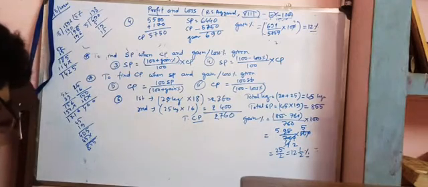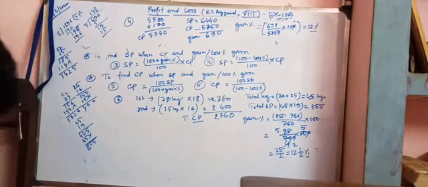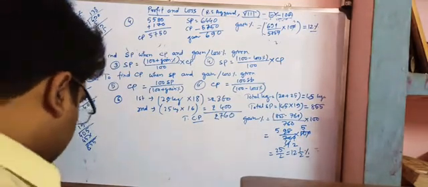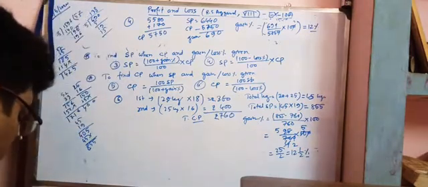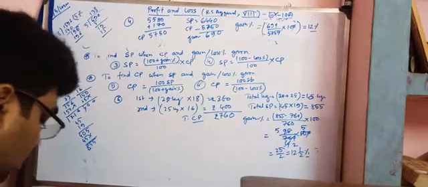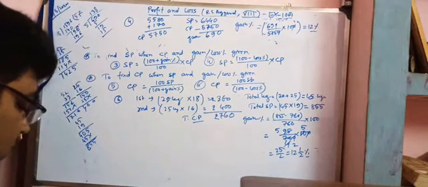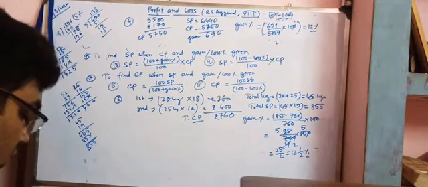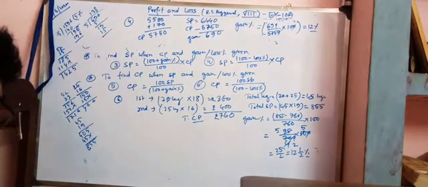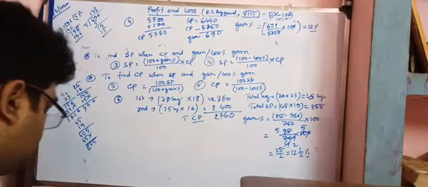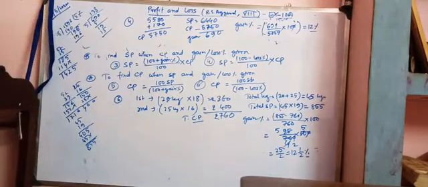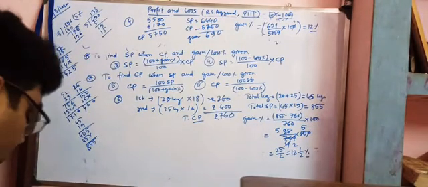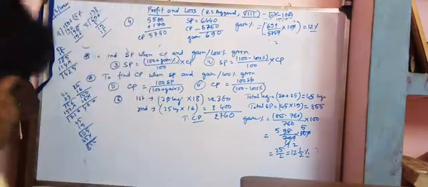Next, question number 7 is quite similar. Coffee costing rupees 250 per kg was mixed with chicory costing 75 per kg in the ratio 5:2 for a certain blend. If the mixture was sold at rupees 230 per kg, then find the gain or loss percentage.